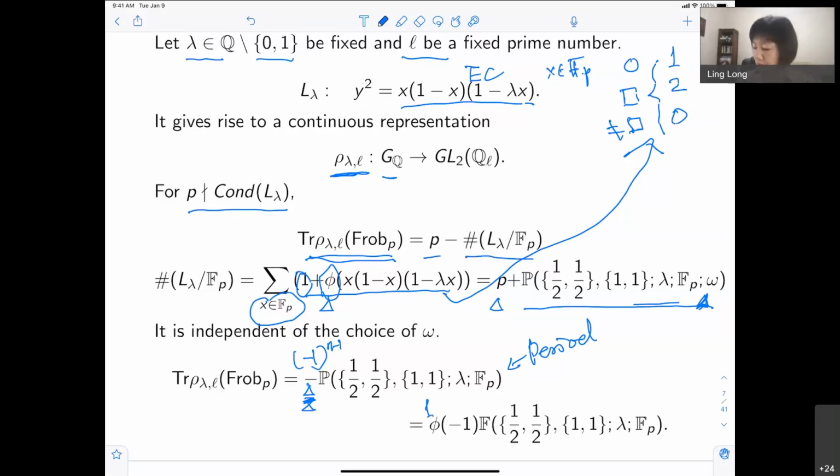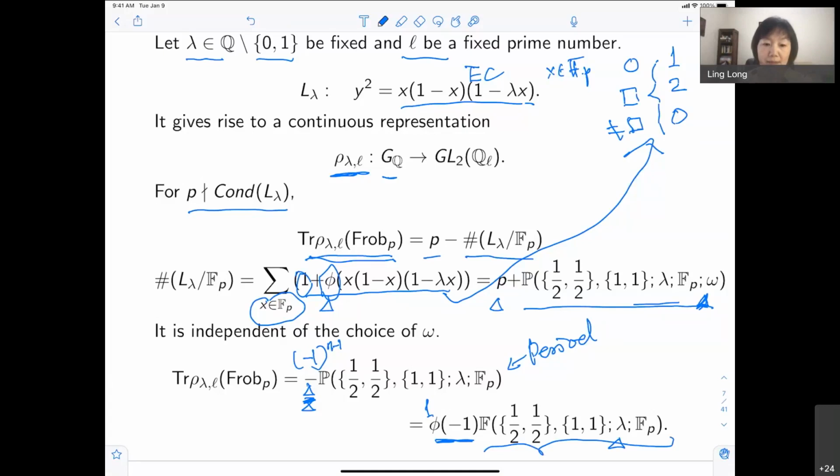But the difference down here, because I'm dividing by some Jacobi sum, there will be some additional character. In this case, it's -1, the Legendre symbol coming in. But the Legendre symbol, we do not worry about that too much here because it's going to be global. That will be the same for all the choices of lambda. So the variation is actually coming from the second part if I vary lambda.